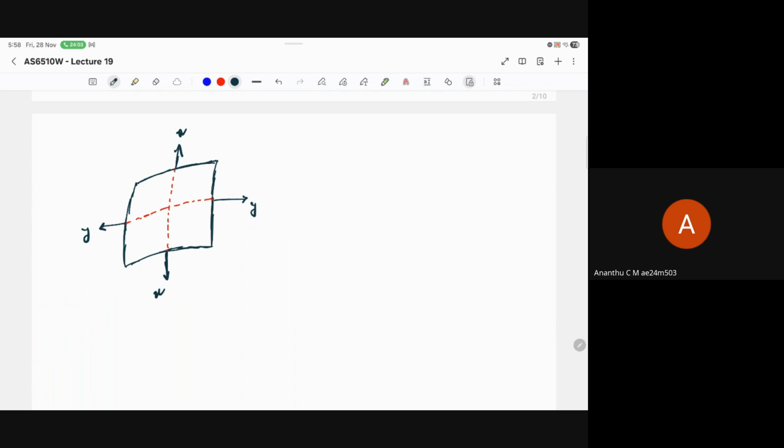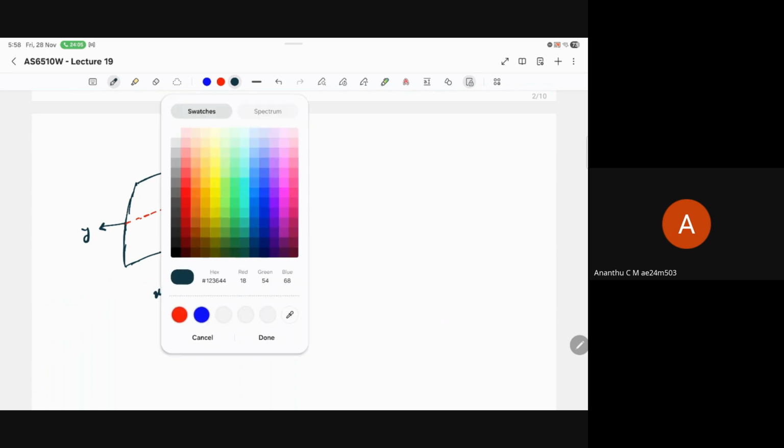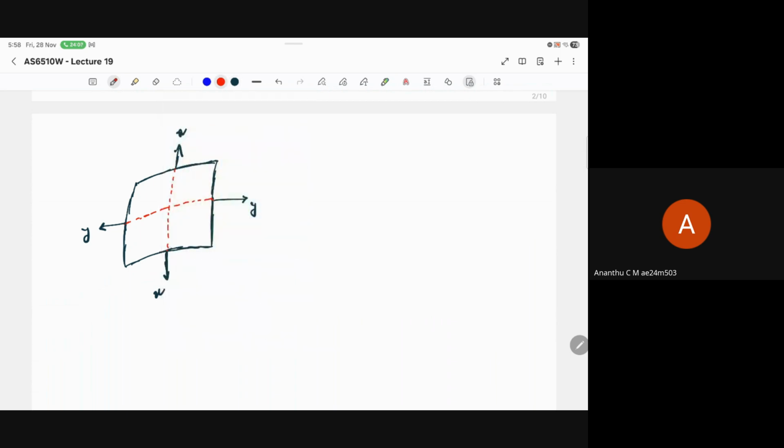So because of the deflected shape, we will have something like this. Along this line, we have to basically mark the tension force.